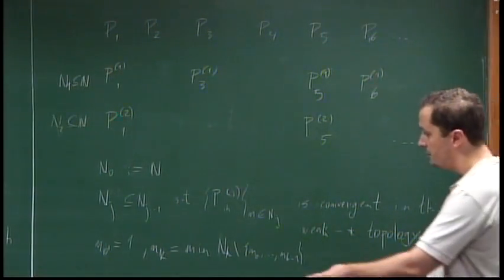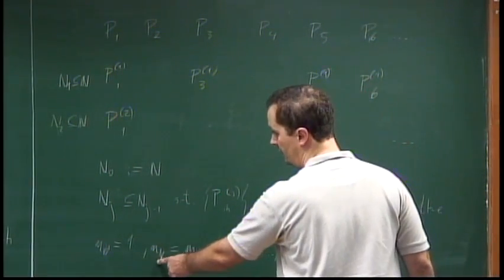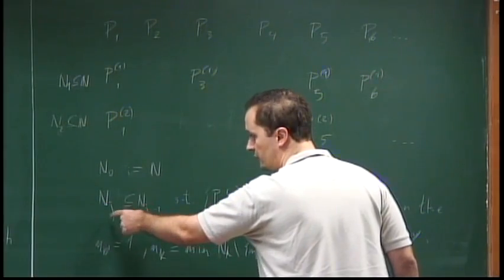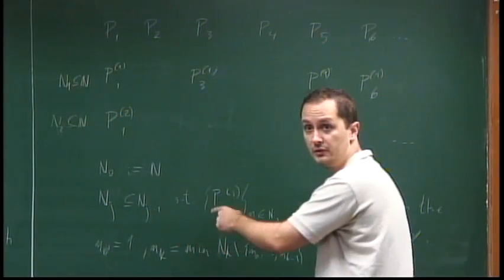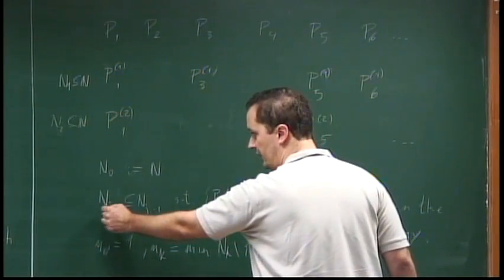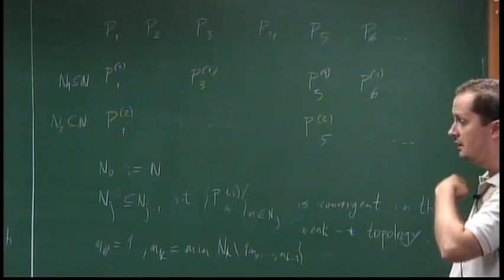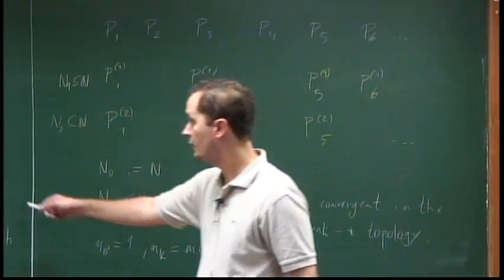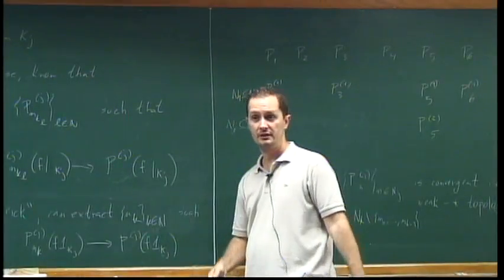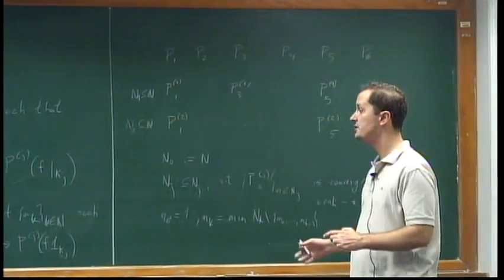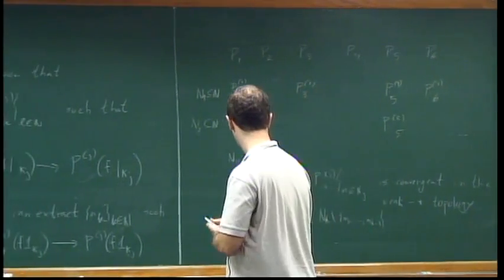And if you do this, you obtain a subsequence. Well, it's not contained in nj for all j, but it's essentially contained in nj for all j. So except for a finite number of terms, it's contained in n sub j for all j, and therefore you have this convergence for all j. Right. So this is what the diagonal trick consists of.